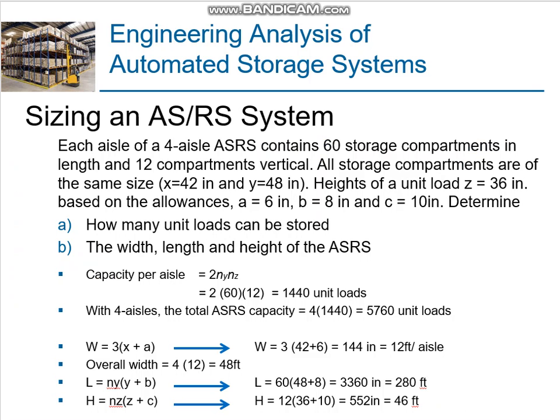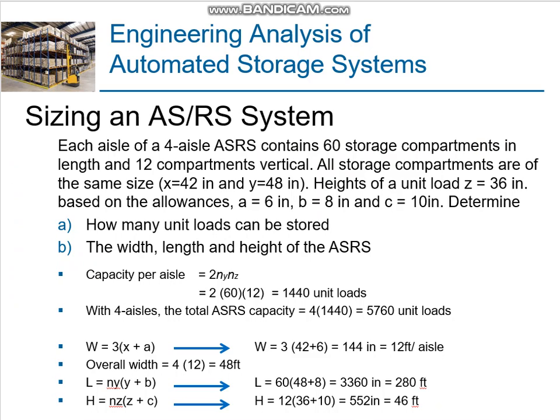Let's see an example for sizing an ASRS system. Each aisle of a 4-aisle ASRS contains 60 storage compartments in length and 12 compartments in vertical. All storage compartments are of the same size.